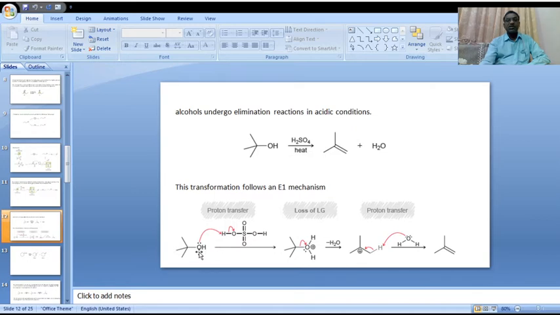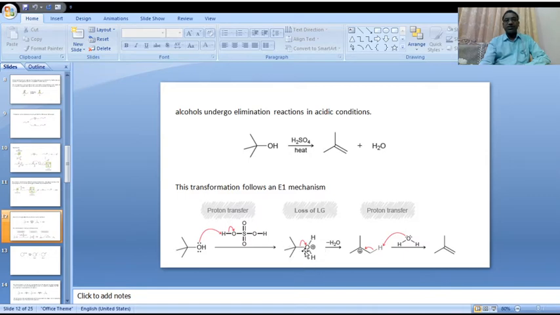In this case, this oxygen atom gets positive. This is a protonated alcohol, with loss of bisulfate, HSO4 minus ion. In the first step, proton transfer forms the protonated alcohol. It is an unstable intermediate.